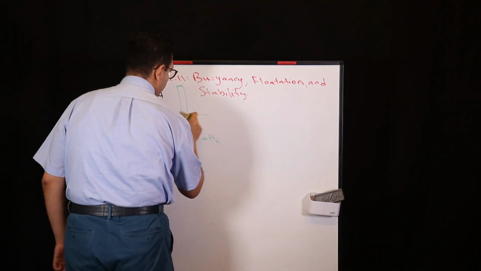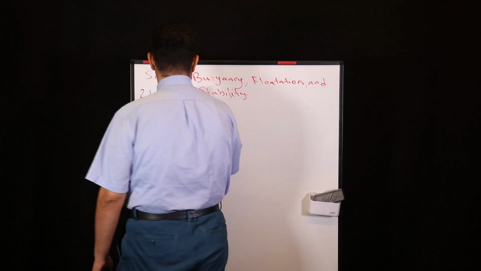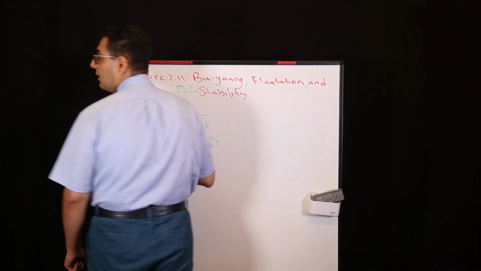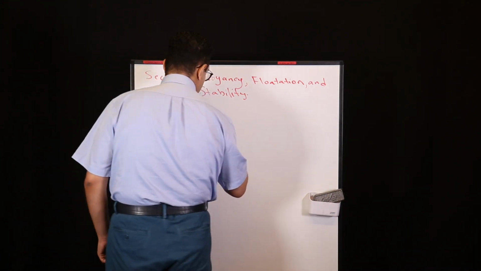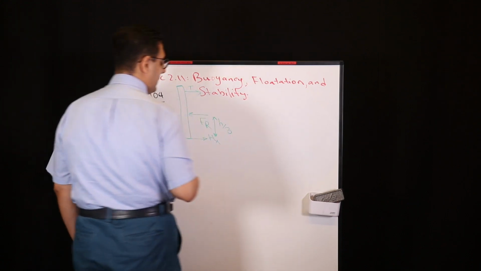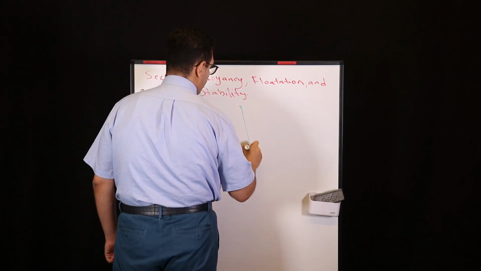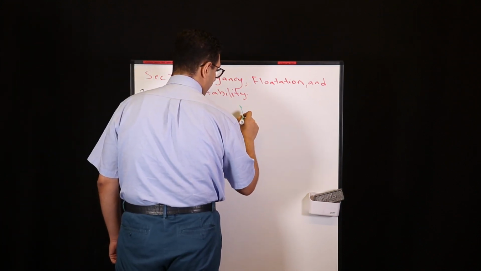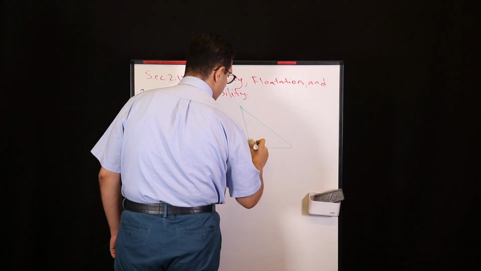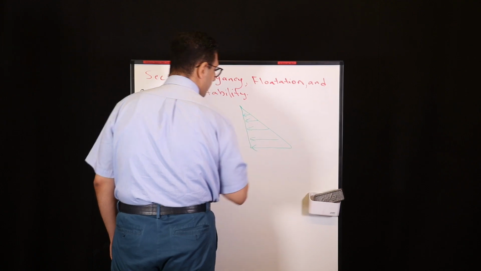There's a resultant force. There's a cable tension. And this distance is H divided by 3. Why is this amount? Owing to the fact that there's water and the pressure distribution is like this. It is a triangle.